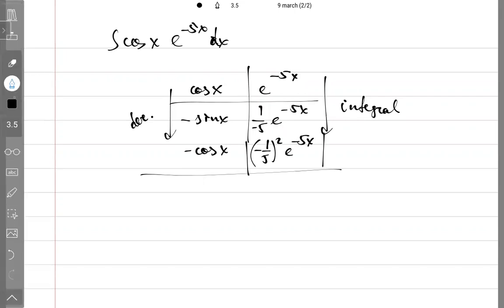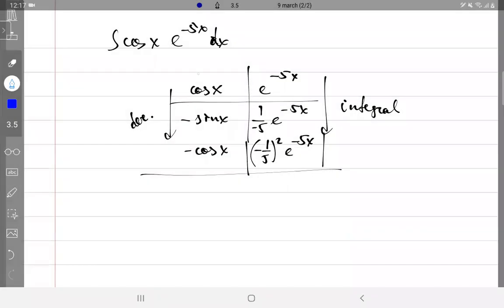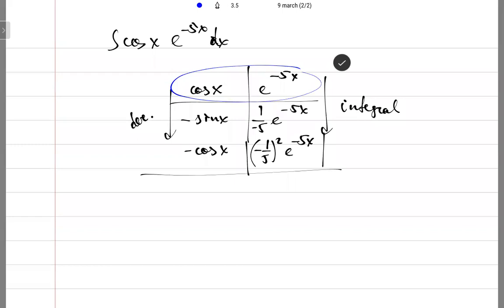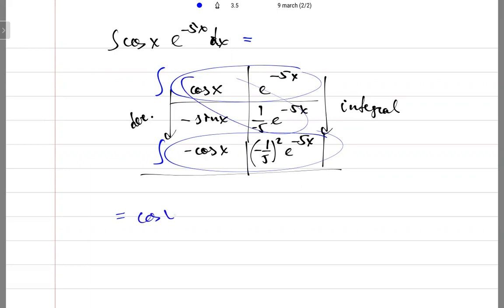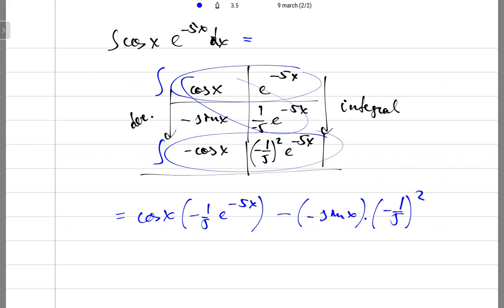But if I'm on the line, this is just the integral of the product. And basically, I could write the answer. So I start with the diagonal. It's cosine of x times minus 1/5 exponent minus 5x, minus sine of x times minus 1/5 squared exponent minus 5x.